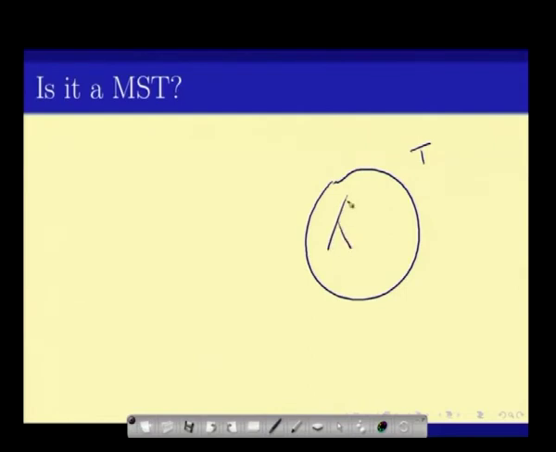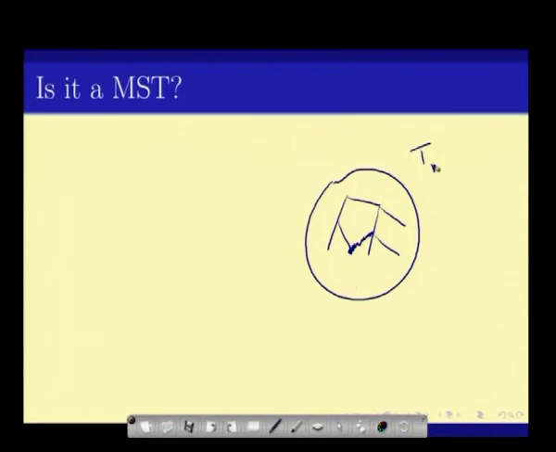Now, this is an edge, say, that is not in T but in T naught. I will add this edge, and by adding this edge I will create a cycle, and I remove the smallest edge from this cycle, and by doing so I will ensure that I get an MST, a tree that has lesser weight than T min.